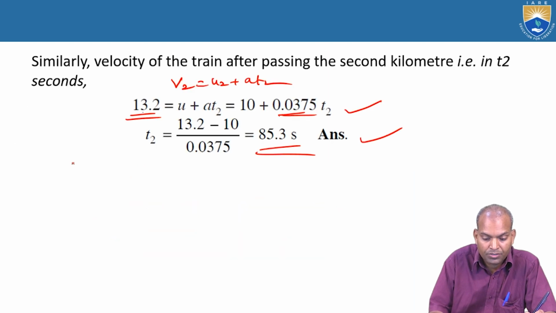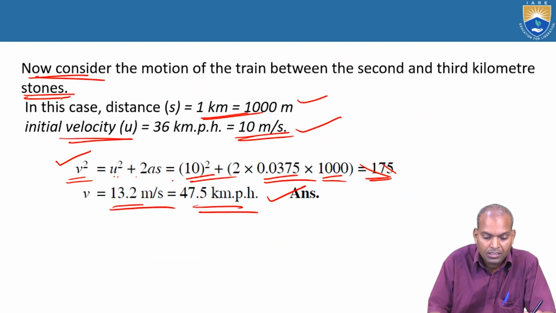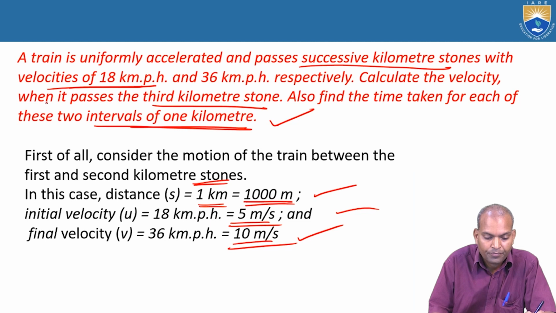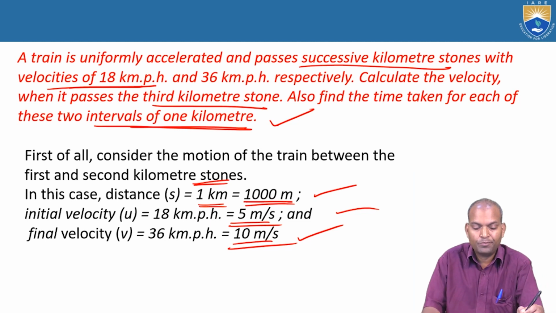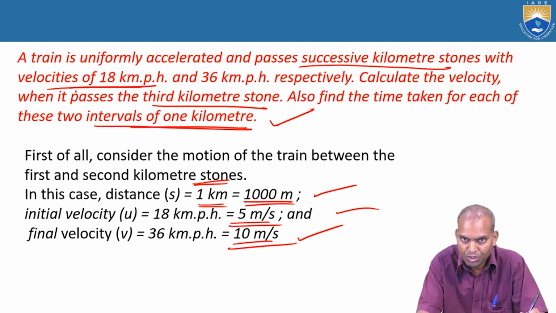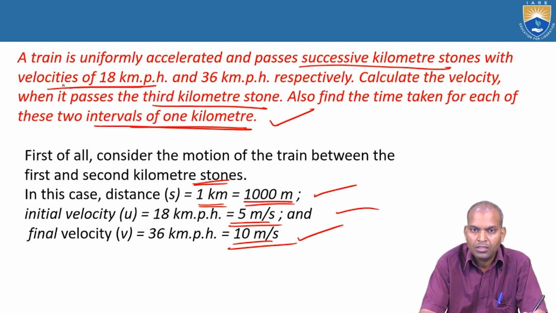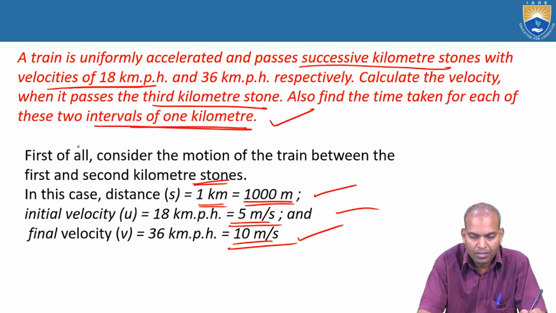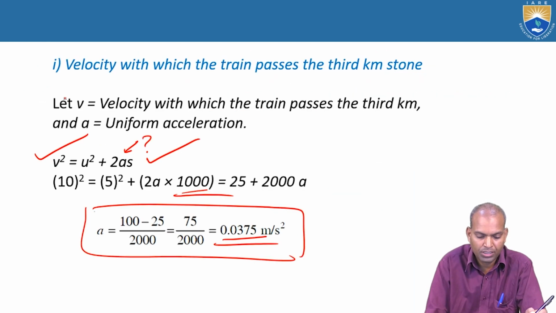This problem is very important. The third problem is a very important model from the examination point of view, and also to understand the concepts of uniform motion under uniform acceleration. Here in this problem we applied two types of equations of motion.